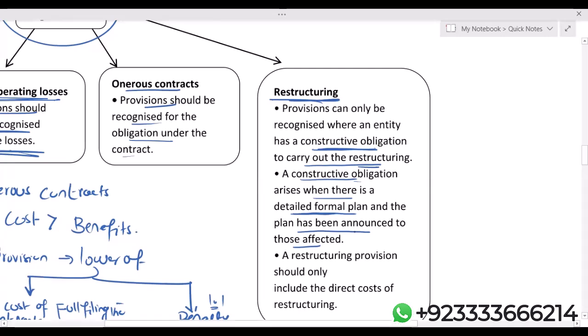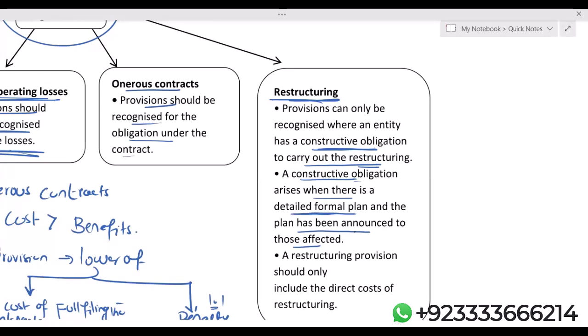Normally, 3 stakeholders are very key. Number one is the employees. They will be affected by the restructuring, so obviously you have to inform them. Second, customers, who will be affected by the restructuring, and third, the suppliers. So these are the 3 key stakeholders. You have to inform them.